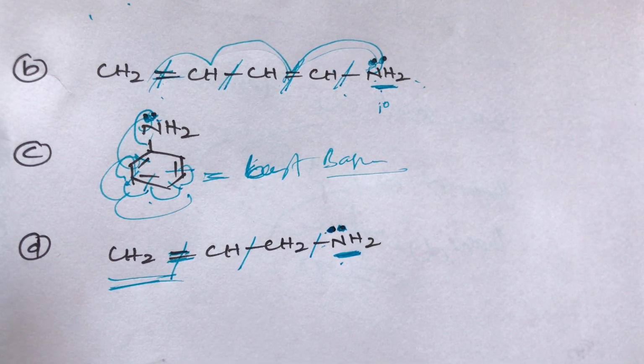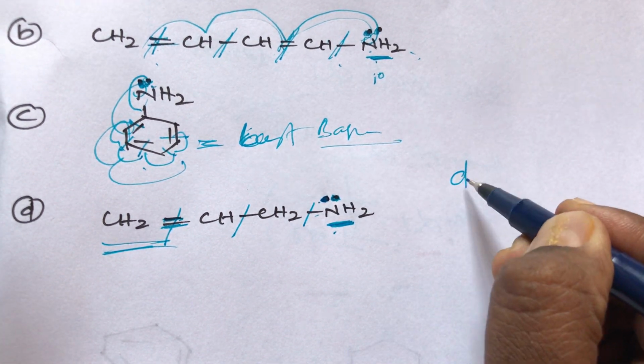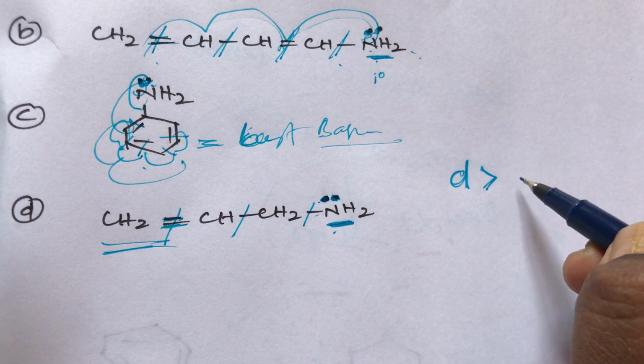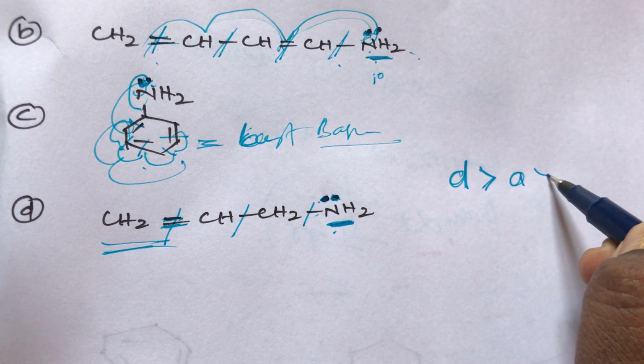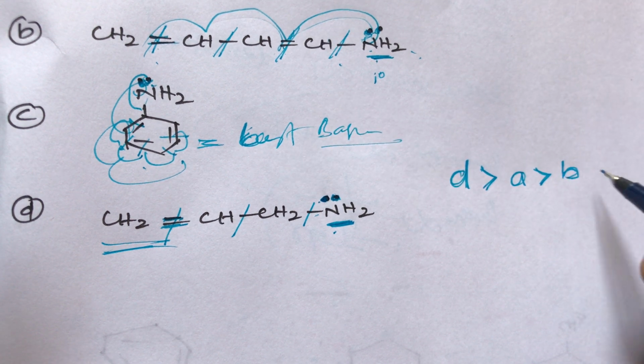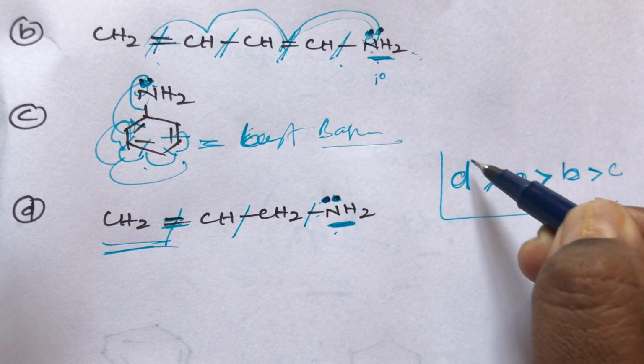Out of these, which one is more basic, student? D compound is more basic than A compound, A is more basic than B compound, B is more basic than C compound, and C compound is the worst, student.